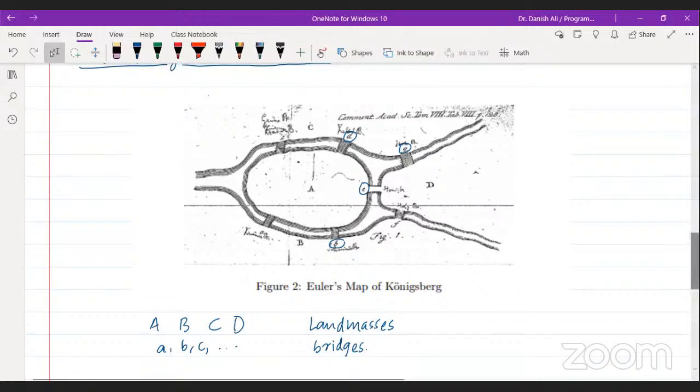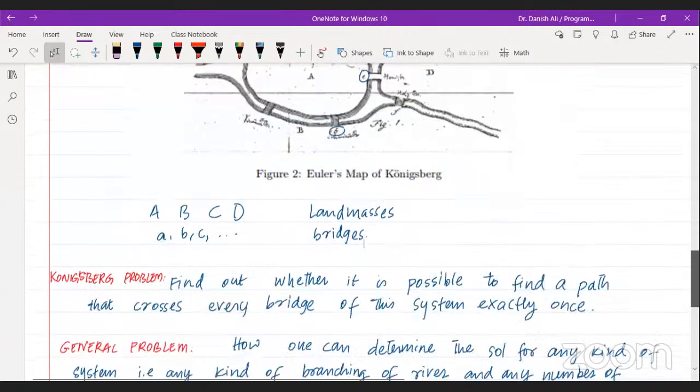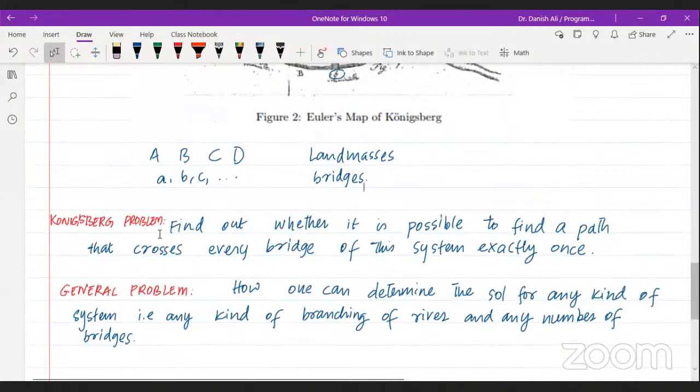Third very important thing is that he generalized the problem. He did not focus only on solving the Königsberg problem and then stop thinking about the general case. This is not the problem posed by Euler; the general problem is what Euler posed. So he generalized the problem for any situation.